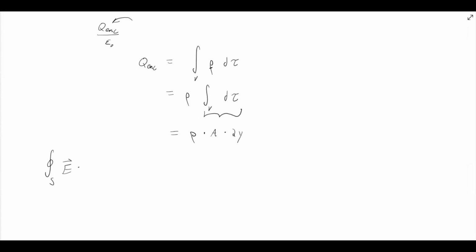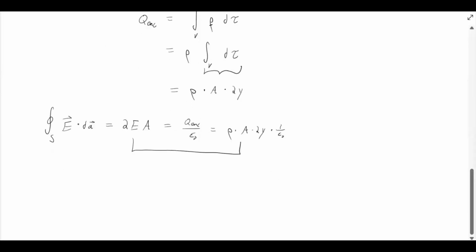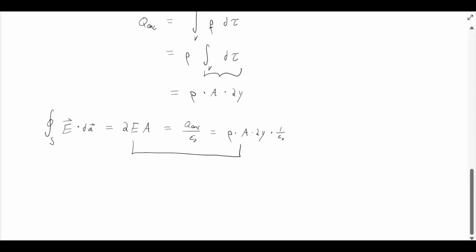on the left-hand side of the equation, we found 2EA, and Q enclosed over epsilon naught is equal to rho times A times 2y, divided by epsilon naught. Equating these two things, we have 2EA equals rho times A times 2y over epsilon naught.